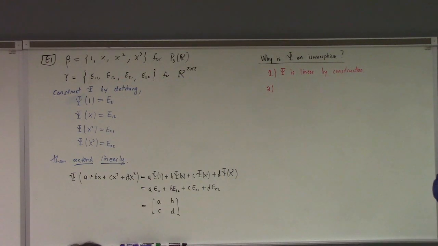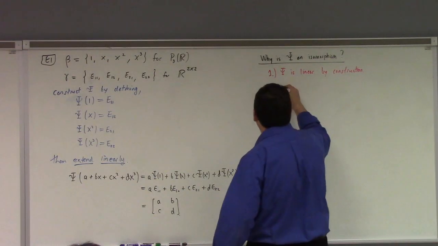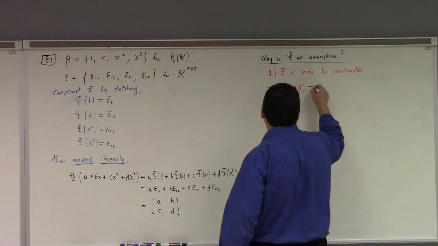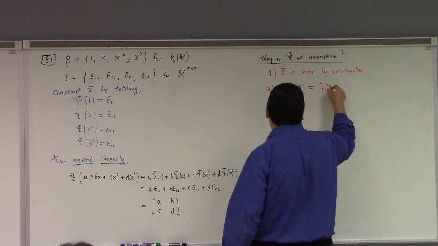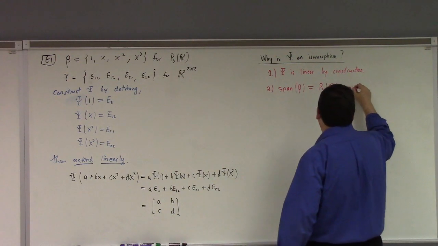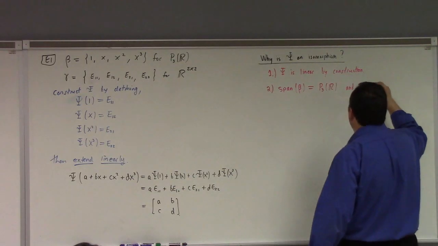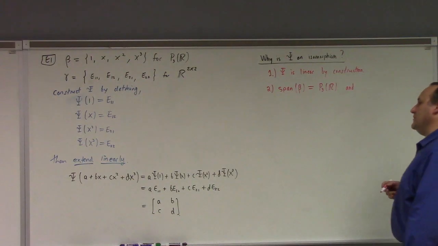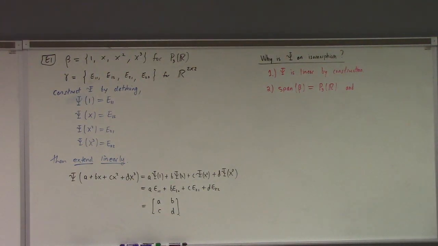How about this? We had noticed that the span of beta is what? P3R, right? Oh, see, this isn't quite the theorem we had, is it? We had a theorem that said: if you have a spanning set and you feed it to a surjection, you get a spanning set for the codomain.